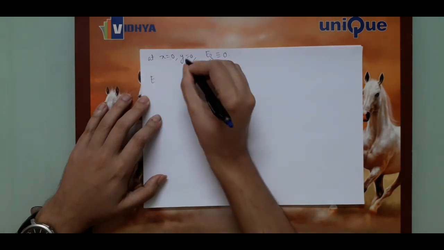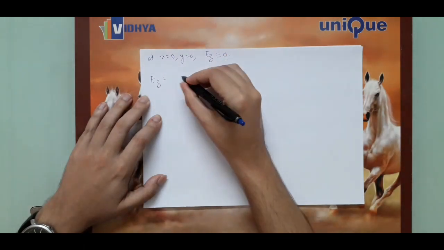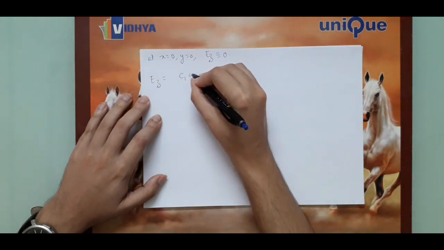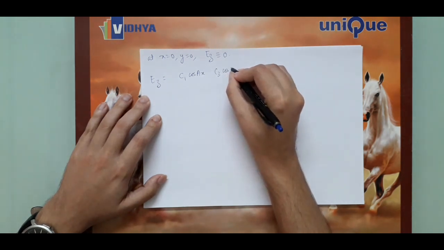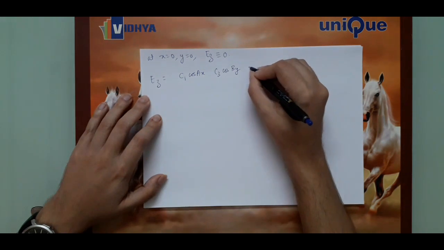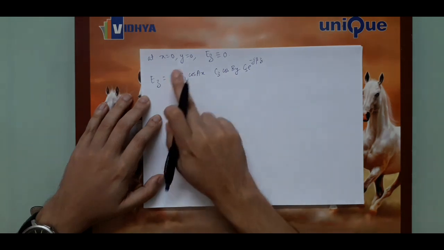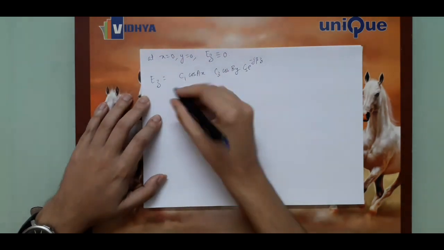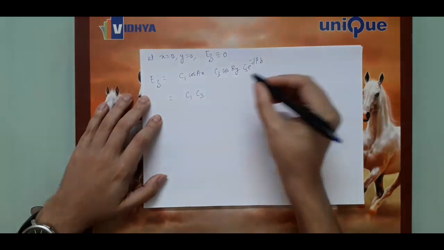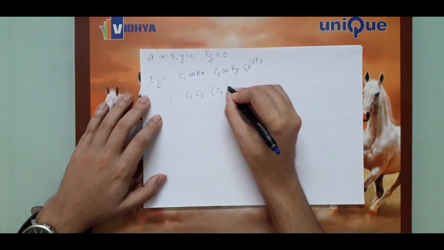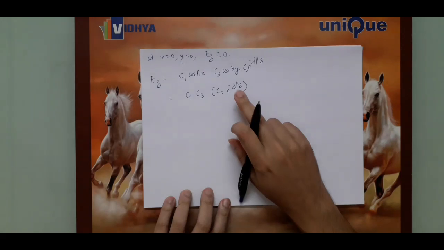That means at this boundary condition, Ez will reduce to C1 cos AX times C3 cos BY times C5 e raised to minus j beta z. So if I now substitute x equal to 0 and y equal to 0, what I will get? These cos terms will become 1. So C1 times C3 times this traveling wave will become 0.